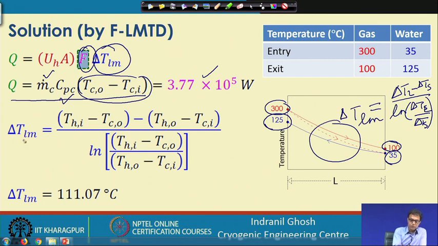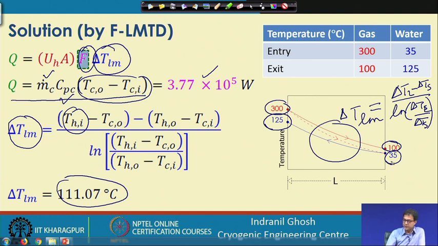We also know the delta T log mean, and we can easily find it to be 111.7 degree Celsius. THI is 300, TCO is 125, THO, the hot outlet, equals 100, and TCI equals 35 degree centigrade.